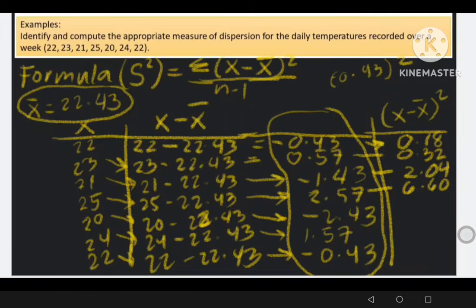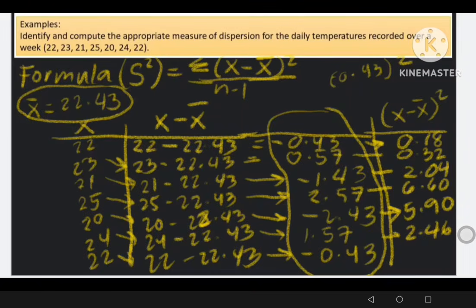Or negative 2.43 times negative 2.43, the same result as negative 2.43 squared. That is 5.90. Negative 1.57 squared is 2.46. And then negative 0.43 squared, that's 0.18. So that's our result in x minus x bar squared.